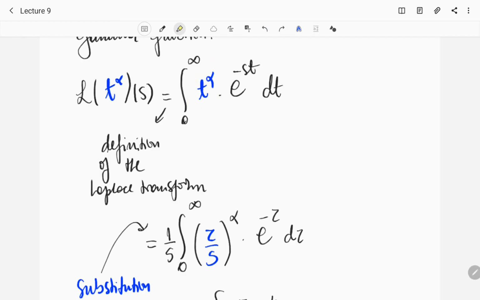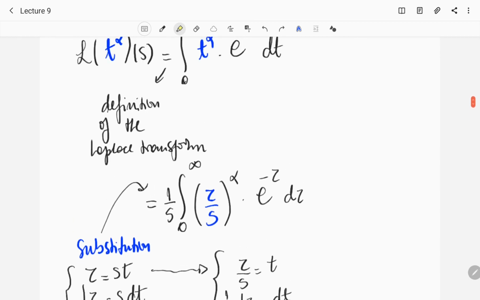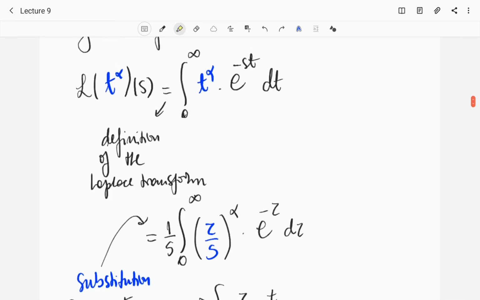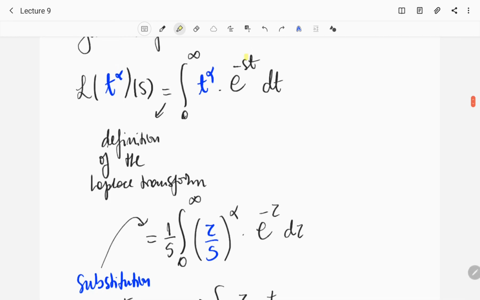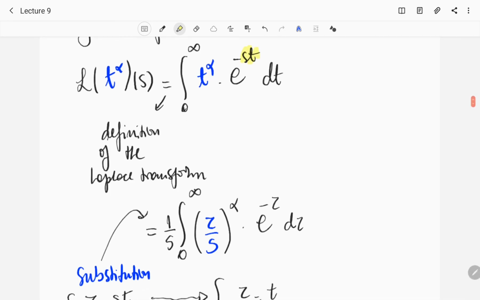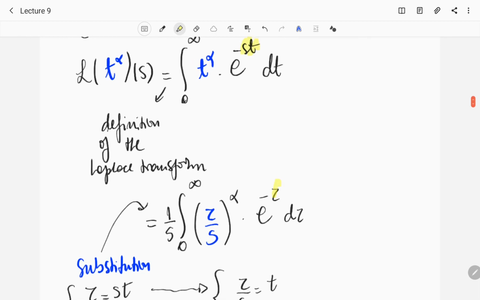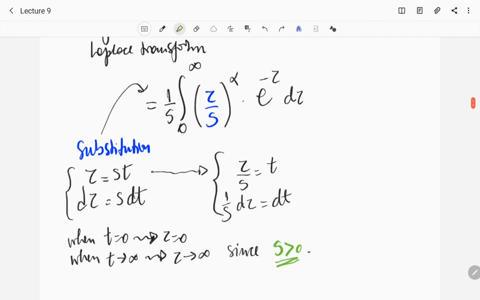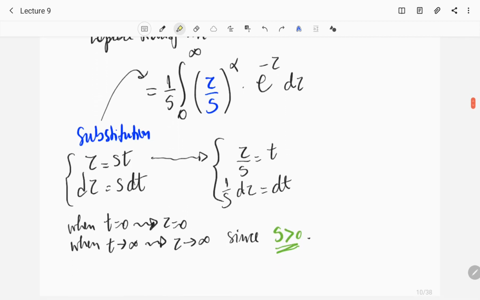And now we use this substitution to try to get something similar to the gamma function. So here we have s and t, and we change that for tau. Change that meaning doing this substitution: we say tau is equal now to s times t. So the differential is s times the differential of t.